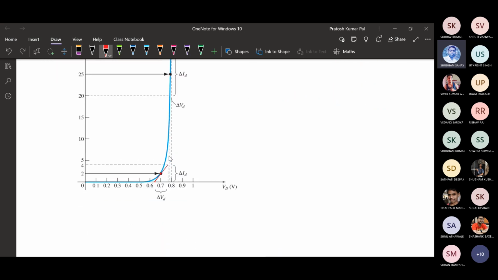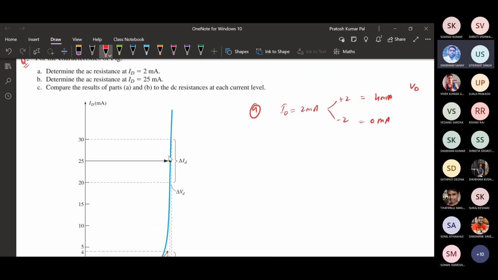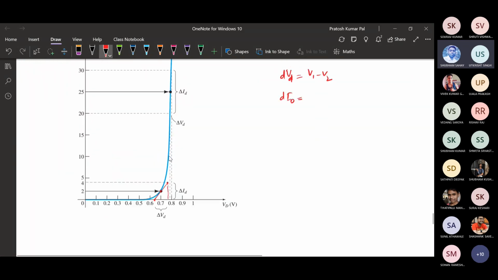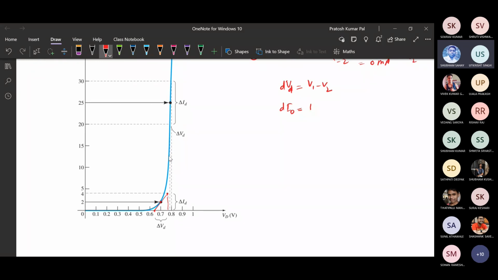By finding these two values, we will be finding these two voltages. Once we have found them, suppose these are V1 and V2. The difference in voltage will be dVd, which is V1 minus V2, and the change in ID will be 4 minus 0, that is 4 milliampere.